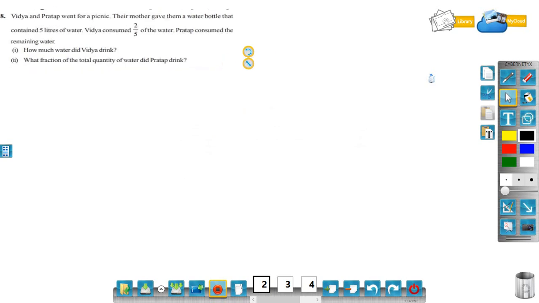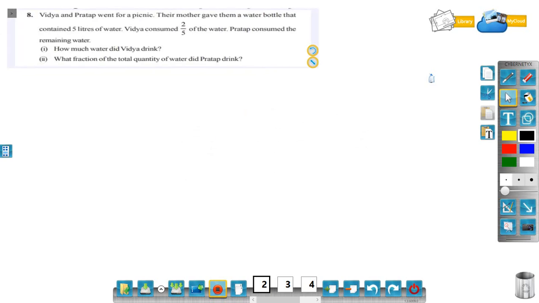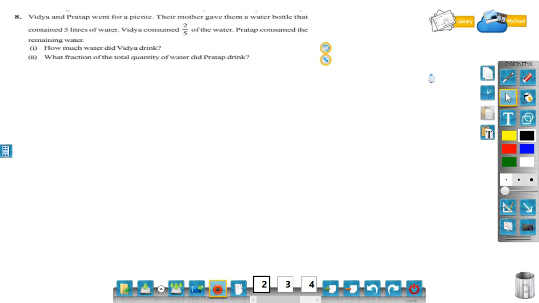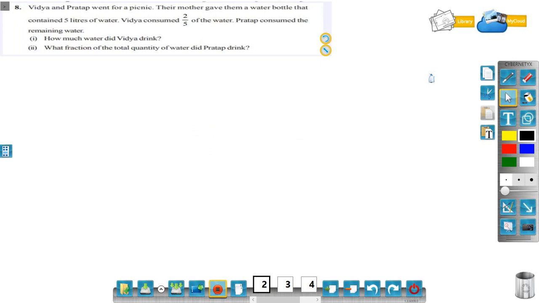This is the 8th question in exercise 2.2. See here, Vidya and Pratap went for a picnic. Their mother gave them a water bottle that contained 5 liters of water.